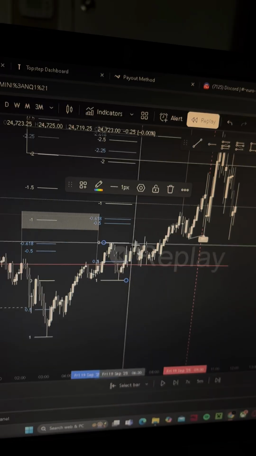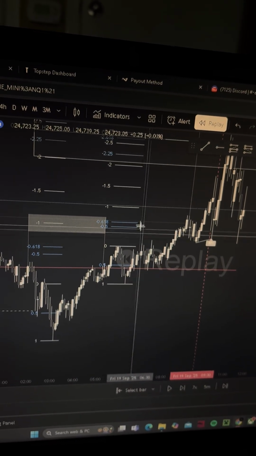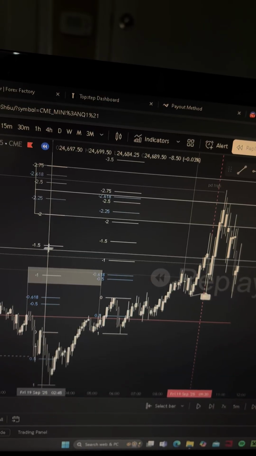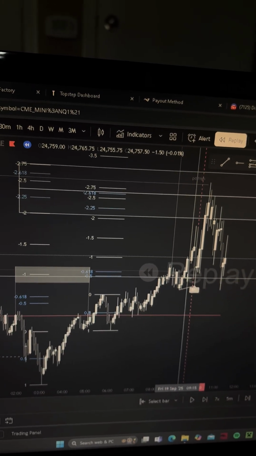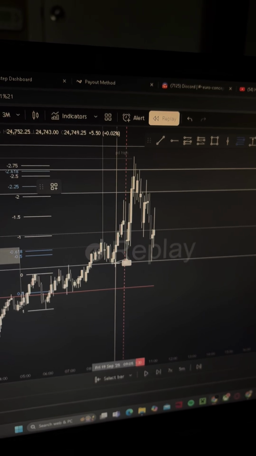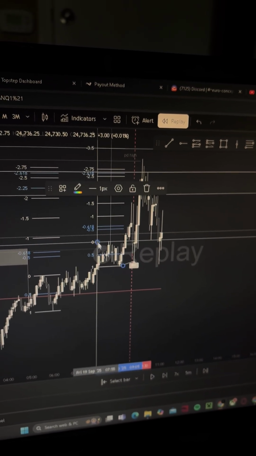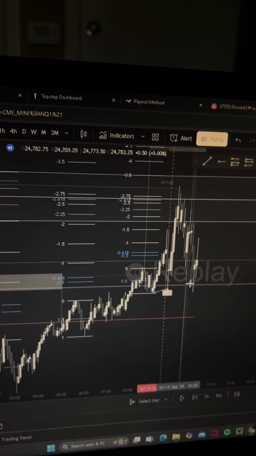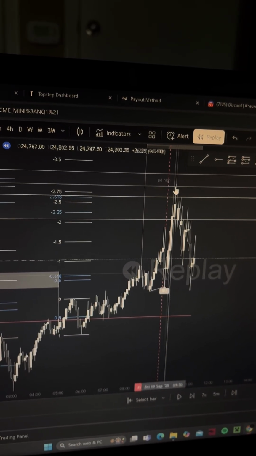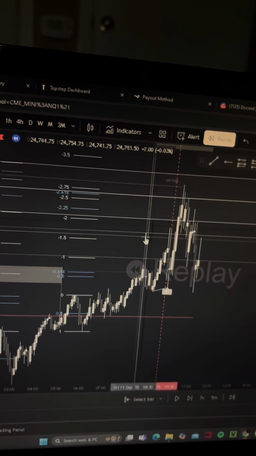Doesn't matter if it's wick to wick. It can just wick to wick it. You see, we get this. Let's go to our 1. Same thing. You see how price moves up. That's because we have the previous day high.